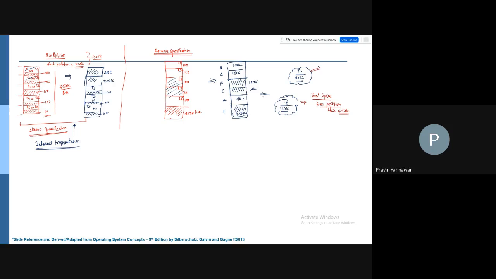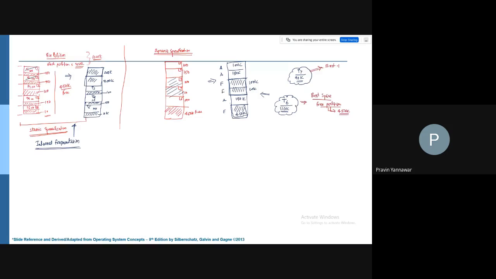And for T7 the best space is going to be the 100K partition. Okay, so the best space is this.